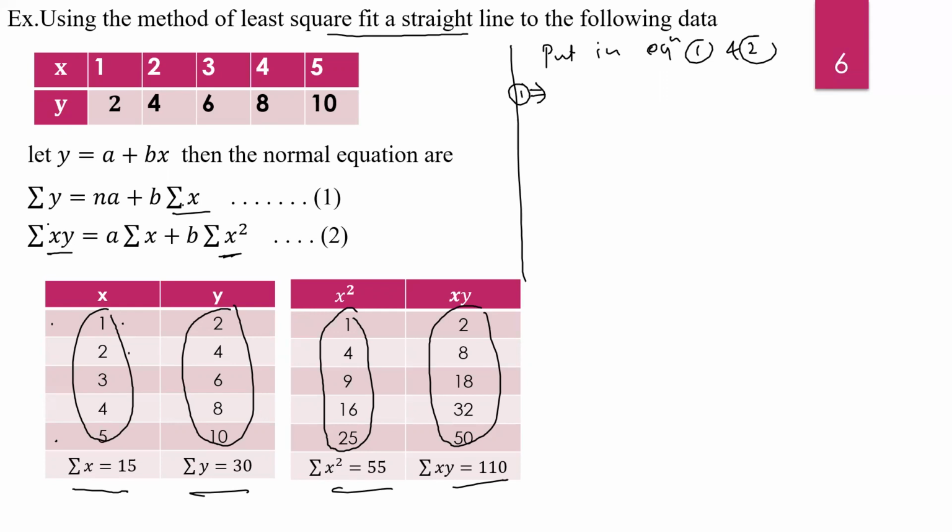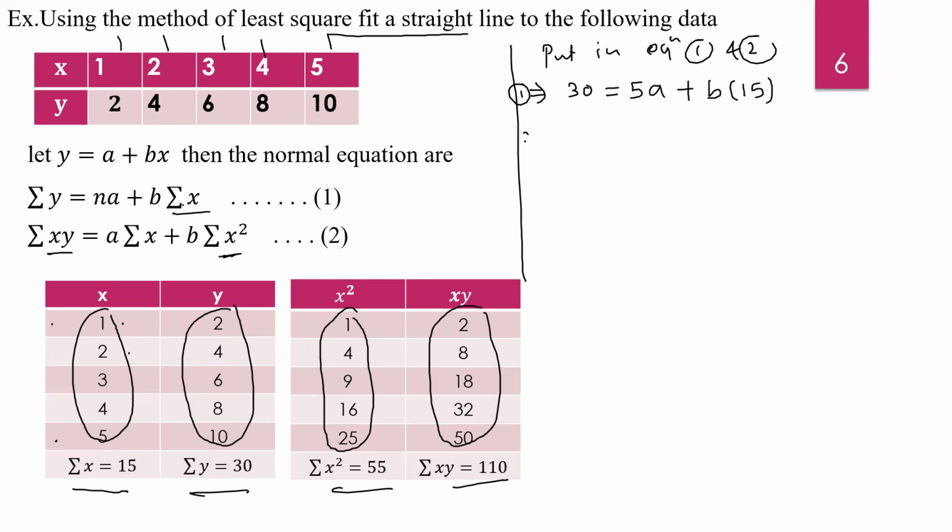The summation Y is 30, is equal to N a. N means number of points given: 1, 2, 3, 4, 5. That is 5 times a plus b, and summation of x, that is 15.